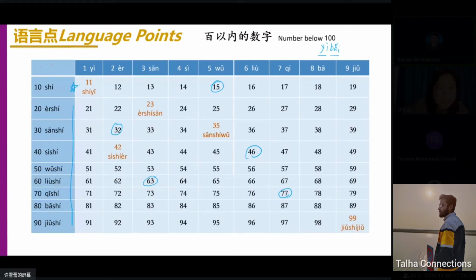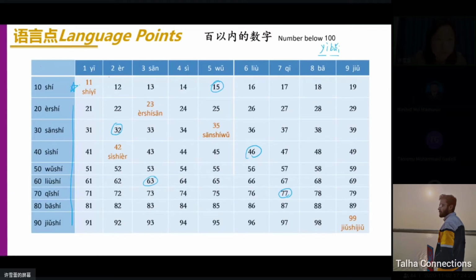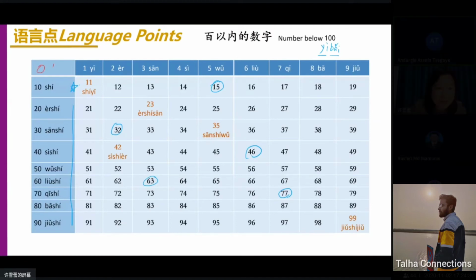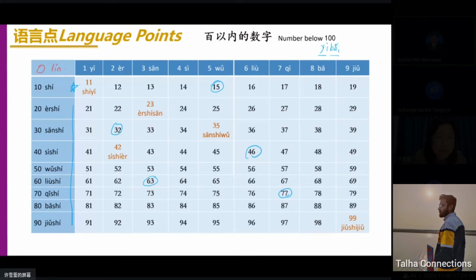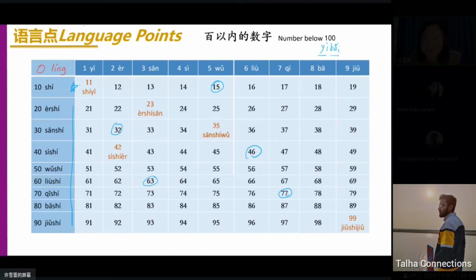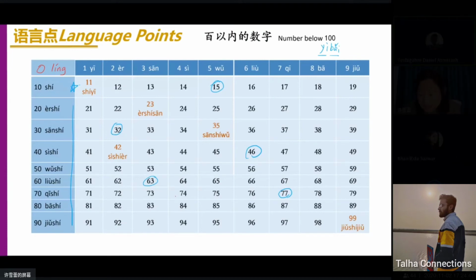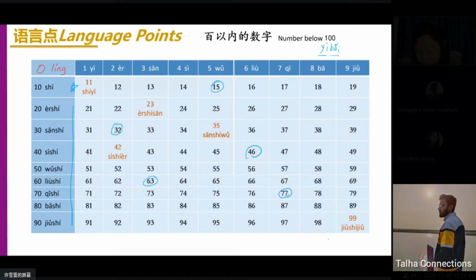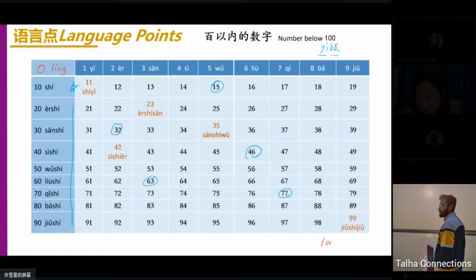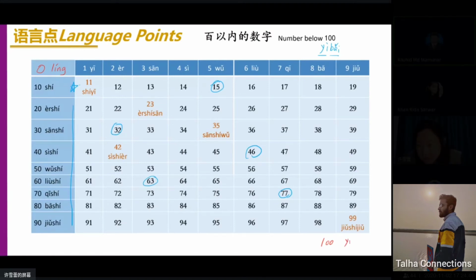Okay. Just now, some of you mentioned how to read zero. Zero in Chinese is 零. Yes. And 100 is 一百.